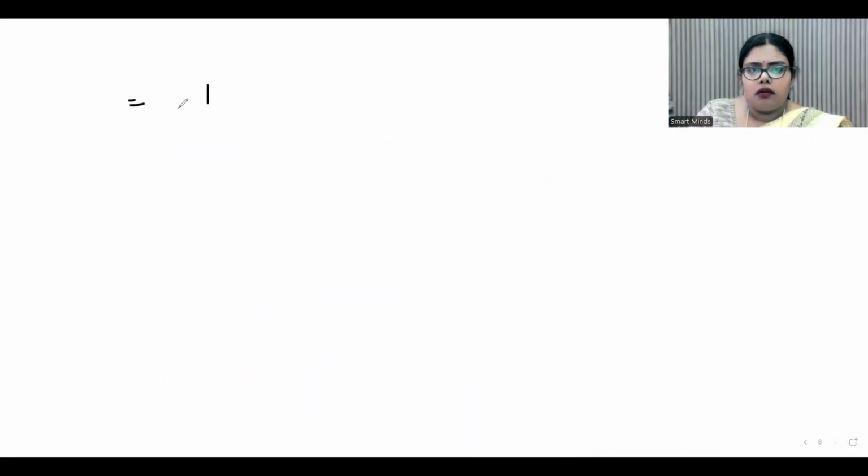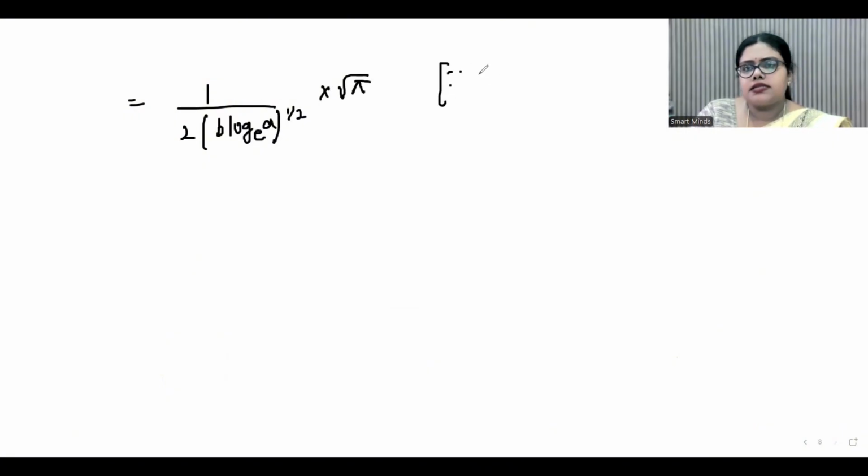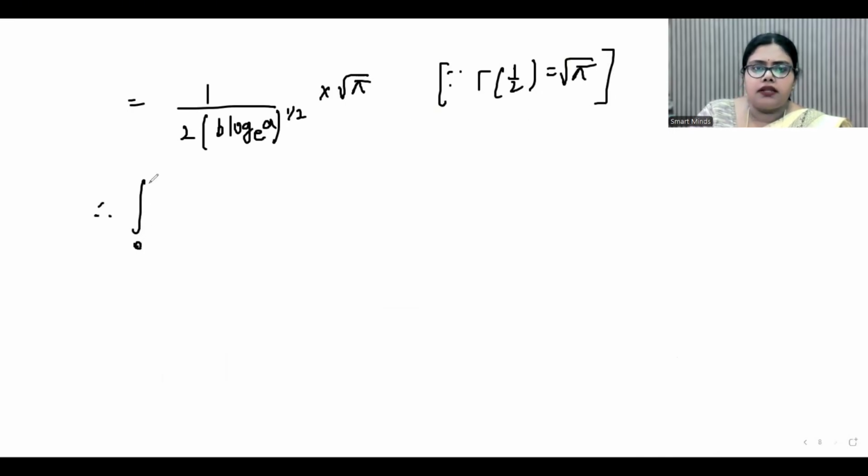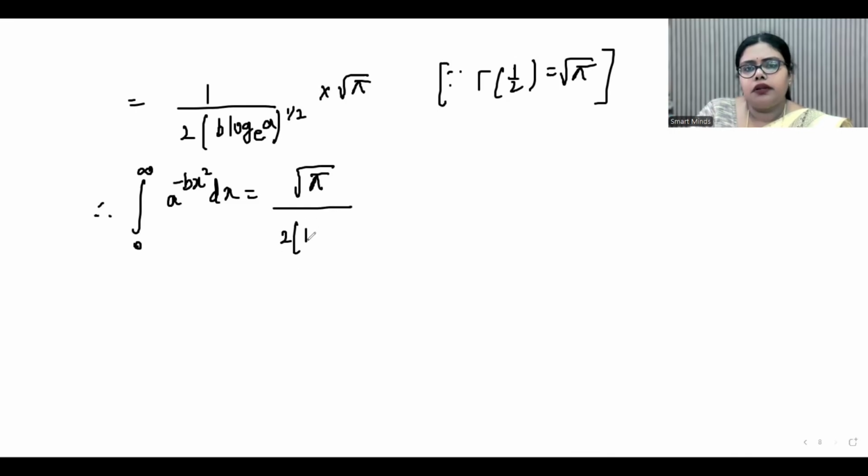So that is 1 by 2 into (b log a to the base e) whole power 1 by 2 into root pi, since gamma of 1 by 2 is equal to root pi. Therefore, integral 0 to infinity a power minus bx square dx is equal to root pi by 2 into (b log a to the base e) whole power 1 by 2. This is the final answer.